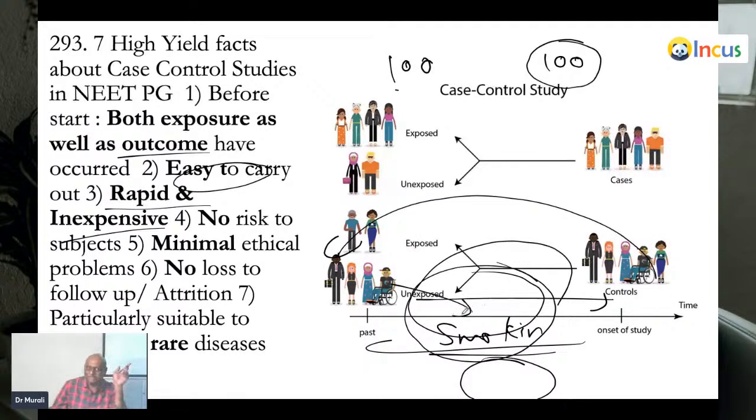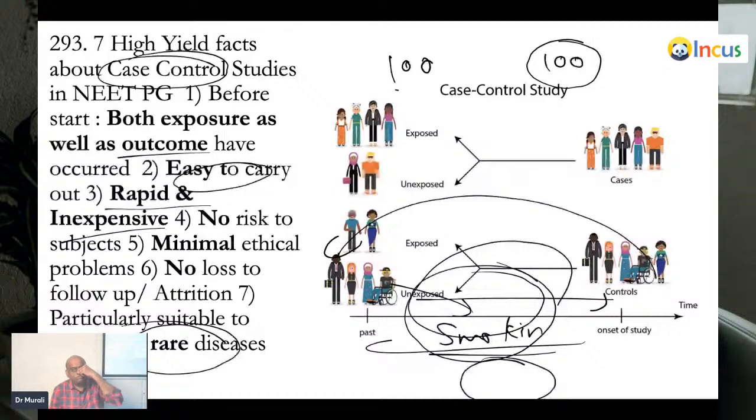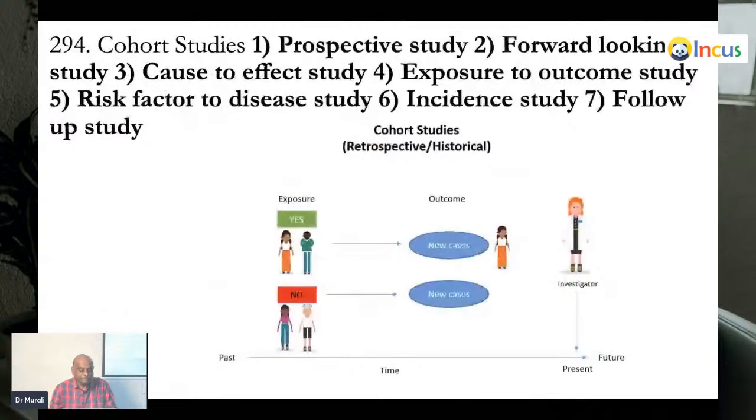Already they took their risk and they already developed disease in case control. There is no loss to follow-up in case control because it is only 100 people. If 10 people run away, you can bring another 10 cases. And for rare diseases, case control is suitable, is what you need to understand.